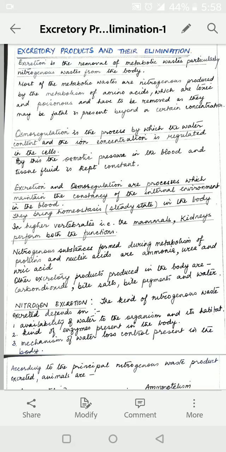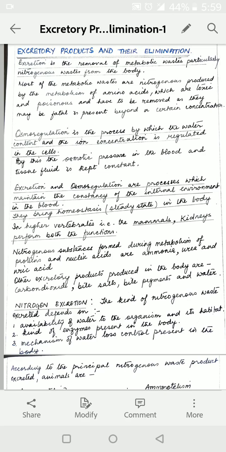So, basically, the major excretory wastes that are produced in the body are carbon dioxide, which is released during aerobic respiration, then bile salts and bile pigments, which are produced due to the breakdown of the heme part of old worn out red blood cells in the liver.